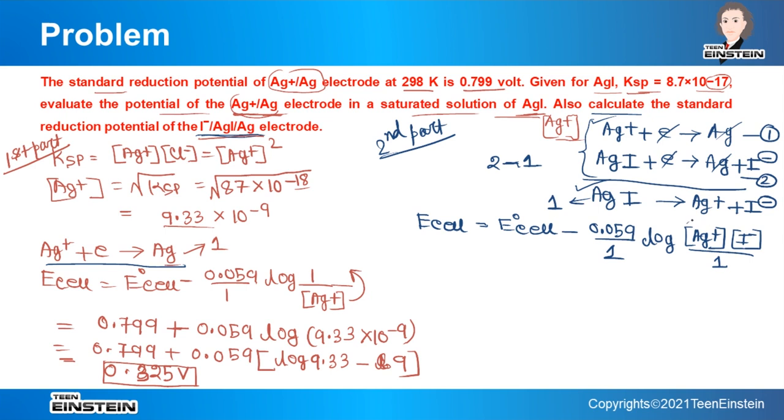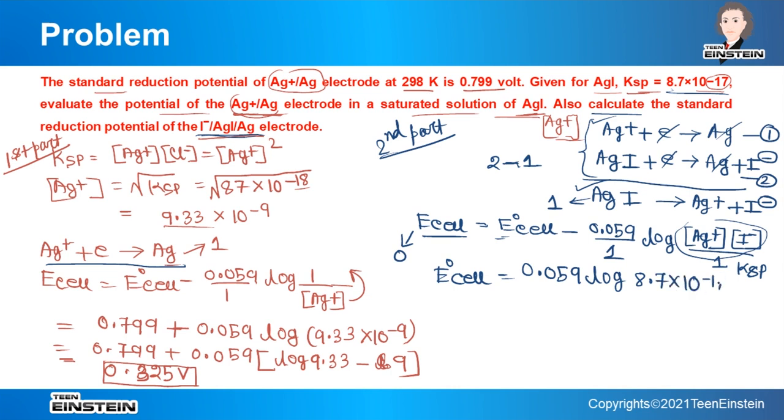Now see, this portion is nothing but Ksp, so you can put the value of Ksp, 8.7 × 10^-17. And as we are trying to find the value of E naught cell, we have to consider this E cell as 0, that means it is now at equilibrium. Under that condition, E cell will be 0, log of 0.7 to the power minus 70.